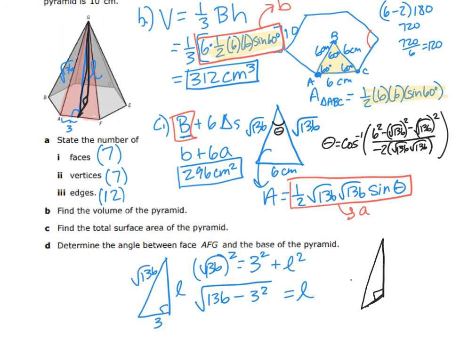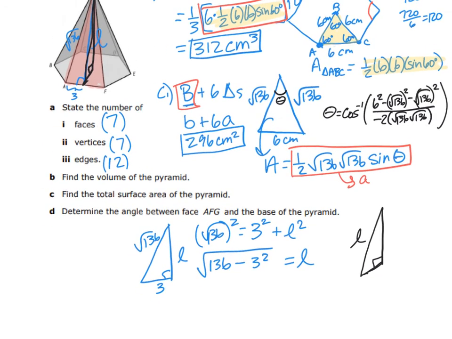I didn't finish calculating L. L is going to be the square root of 136 minus 9, which is the square root of 127. So L is the square root of 127. And remember, we also know that this side is 10, because this is the height of the pyramid.